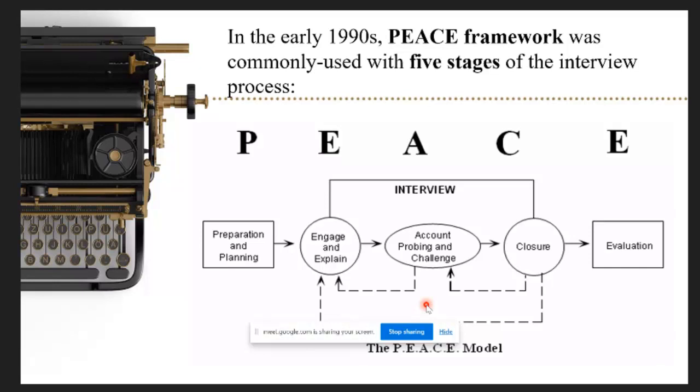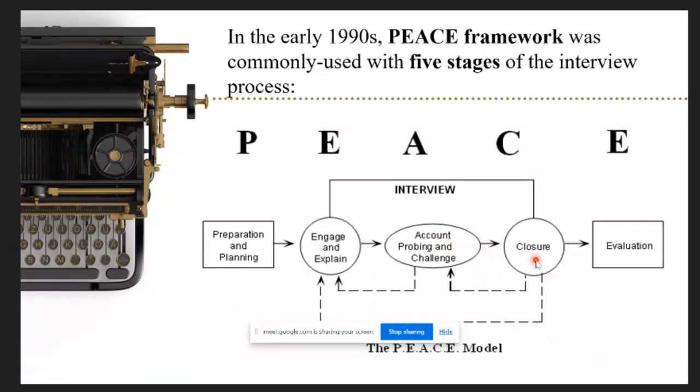So in the second stage, the interviewer needs to engage and build rapport with the interviewee and explain the situation. And in the account stage, he or she will look for an open account or recollections of events from the interviewees and may challenge them using some evidence that conflicts with their recollection.